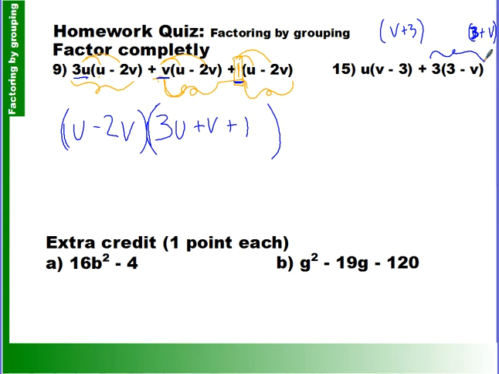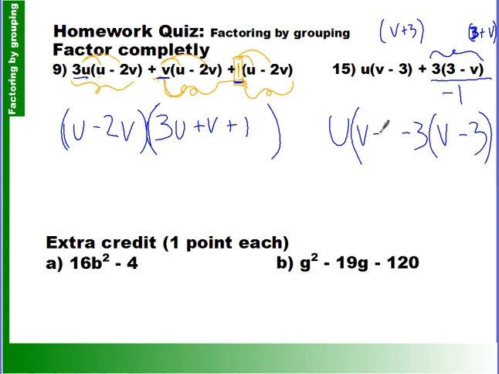Let's factor out a negative 1. Very insightful. All right, so what is 3 divided by negative 1? Negative 3. What is negative V divided by negative 1? Positive V. It flipped.